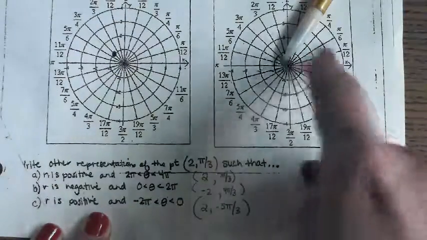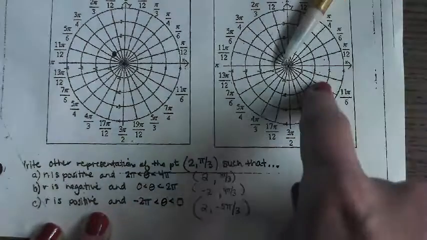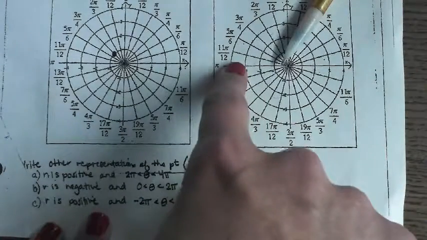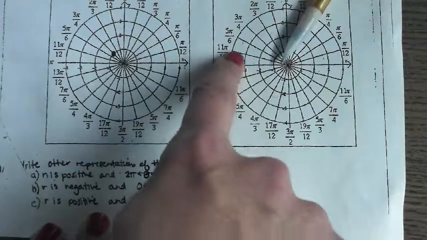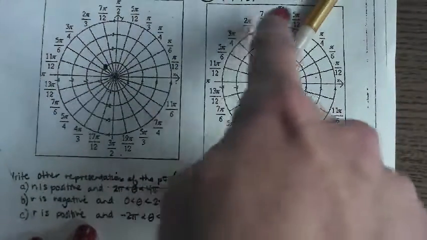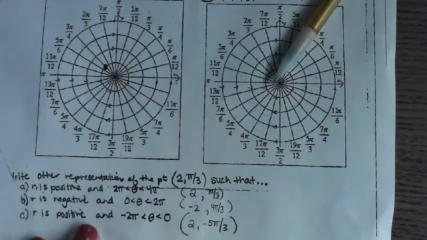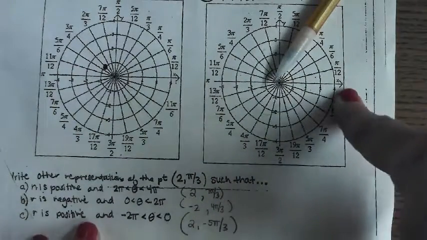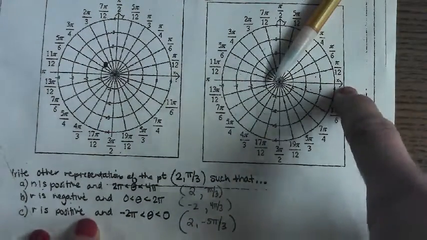So going backwards, knowing that my reference angle is pi over 3, this is negative 3 pi over 3. This is negative 4 pi over 3. And that in the first quadrant would be negative 5 pi over 3, just prior to getting to negative 6 pi over 3, which would be that full circle. Okay? All right, so I'll let you start.